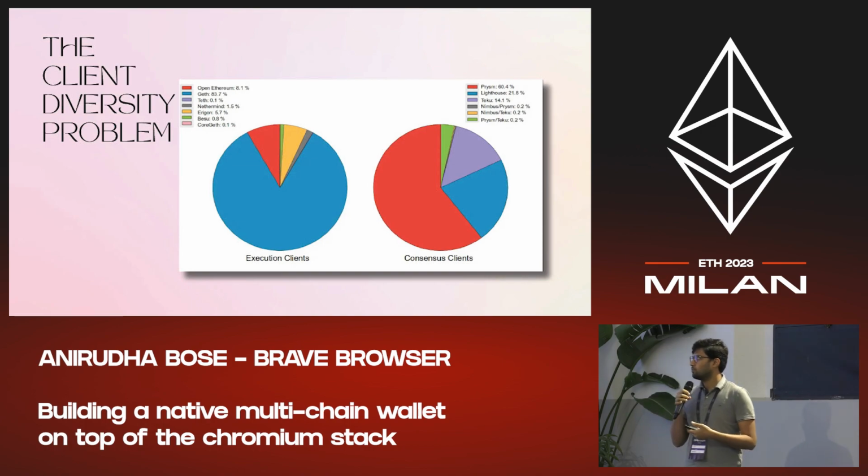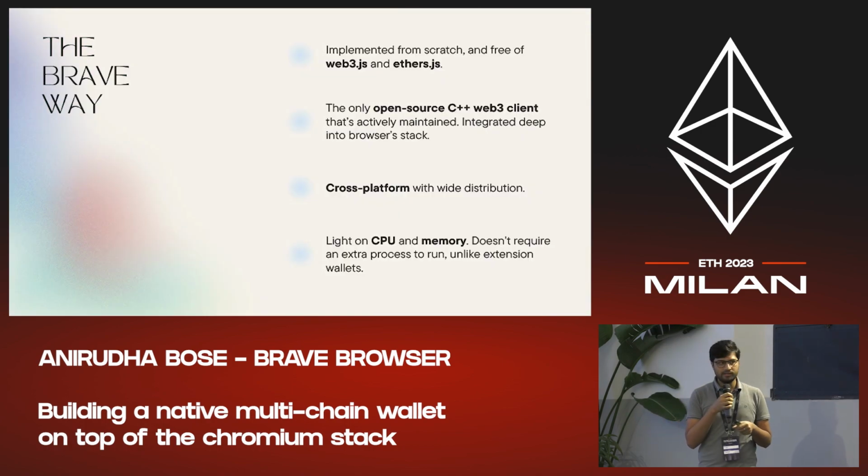So what is it that we do? We implemented the core functionality of the wallet from scratch, completely free of Web3.js and Ethers.js. These are great libraries, by the way. But we didn't want to, or rather it is more of a security principle not to rely on third-party NPM packages when you don't have to.